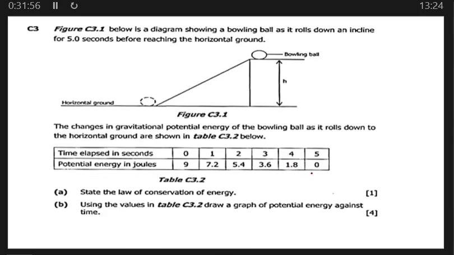When the time of 5 is reached, as it reaches the horizontal ground, it will have now 0 potential energy, or no potential energy. Then they are saying, A, state the law of conservation of energy. Then B, using the values in table C3.2, draw a graph of potential energy against the time.